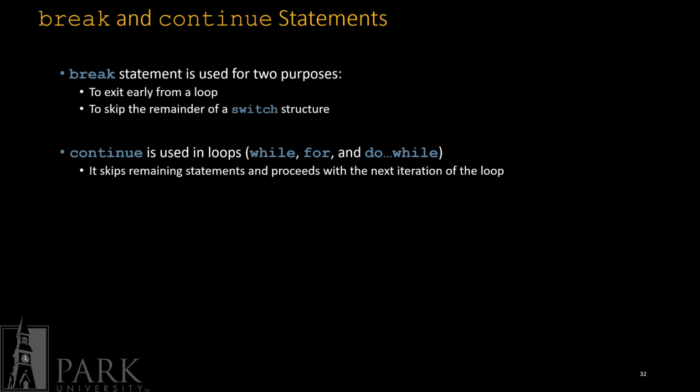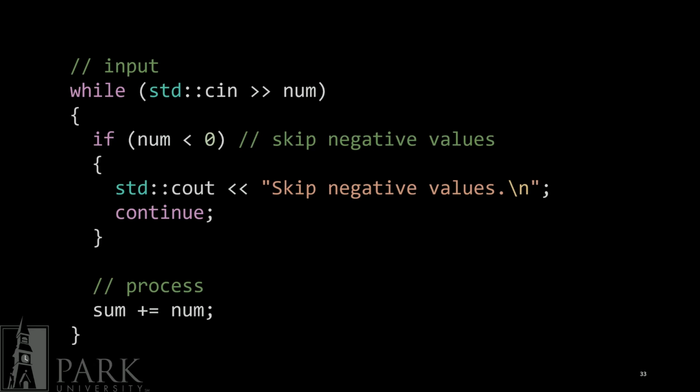Conversely to that, we have continue, which is used in loops to skip over a section of the loop and to continue our loop execution at the next iteration. So it's different. We're not breaking out of the loop entirely. We're just breaking out of the one iteration, and then we're processing it further. So we can look at that as something like this.